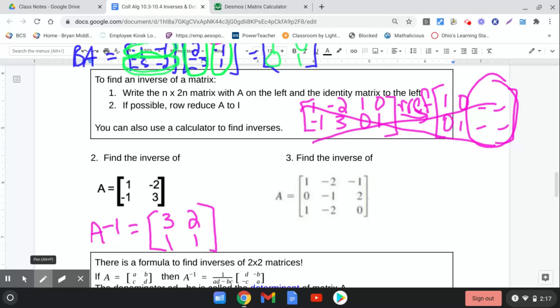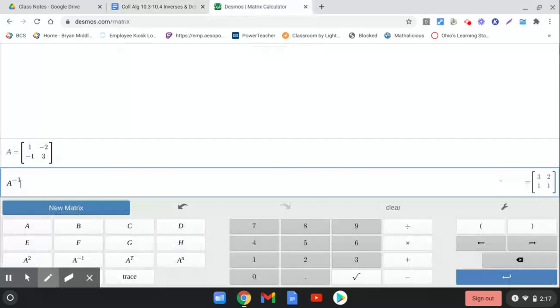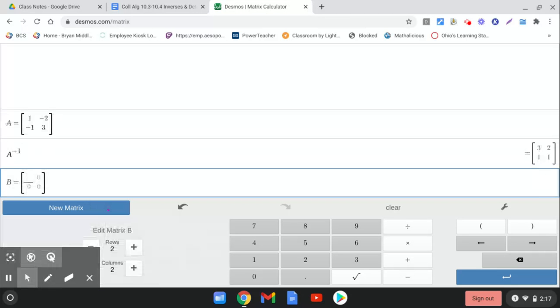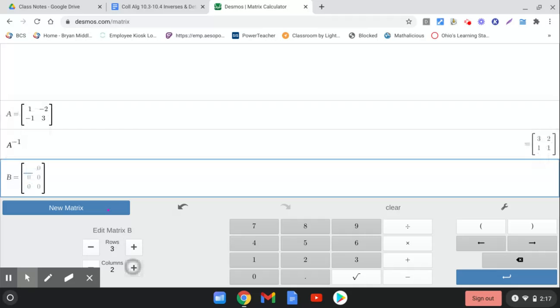We can do inverses of larger matrices. So if we have a 3 by 3, we'll go back to this matrix calculator. Let's put in a new matrix. This matrix B is going to be 3 by 3, and we'll put in the numbers: 1, -2, -1, 0, -1, 2, and 1, -2, 0.